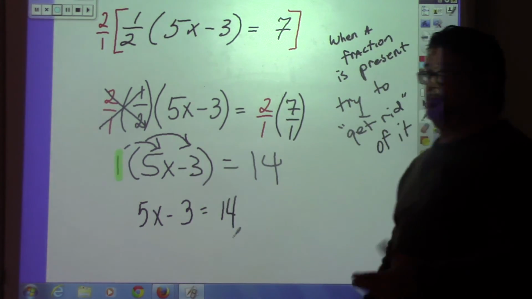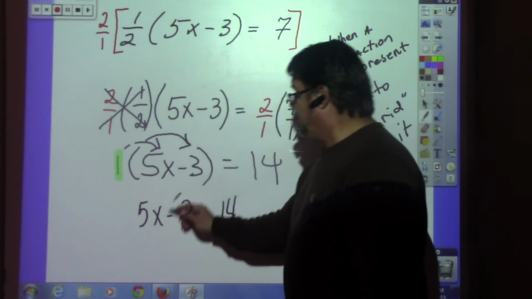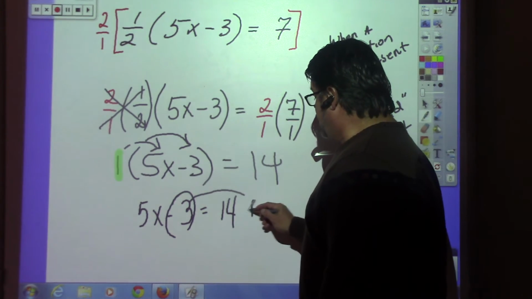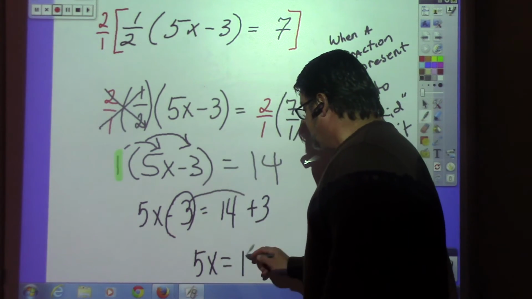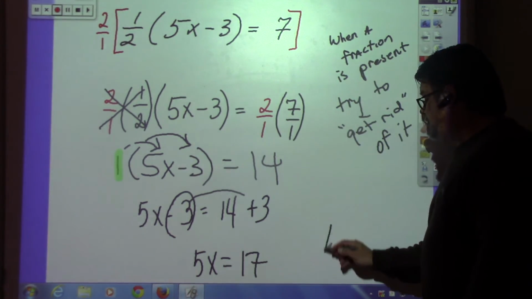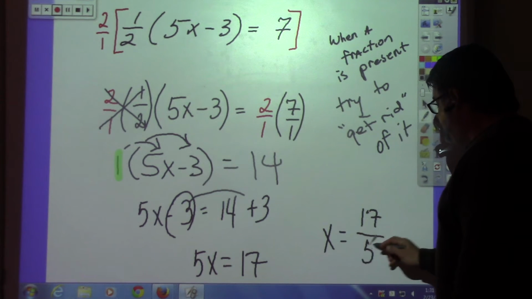And now you're back to a number 1, number 2 level problem. And how do you get rid of a negative 3? Take it across the river. Comes positive 3. 5x is equal to what? 17. And x is equal to 17 over 5.